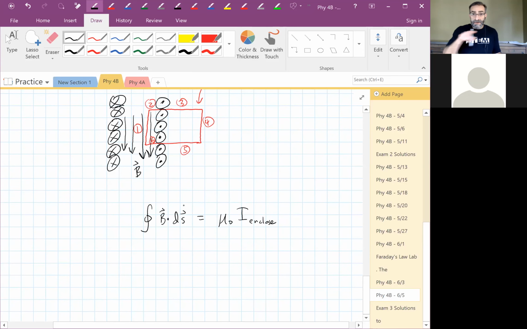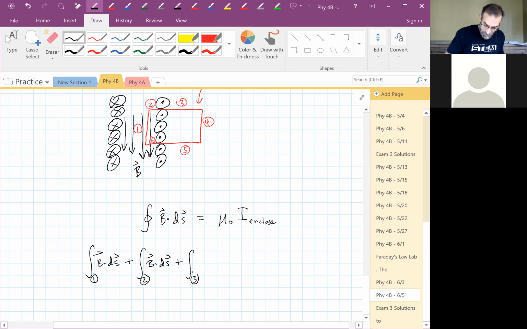I'm going to integrate around the whole path. So that means I'm integrating along side 1, side 2, side 3, side 4, side 5, and side 6. I have to break this integral up to get all of them, right? Integral over 1 of B dot ds plus the integral over side 2 plus the integral over side 3. You get the idea. Well, I'll write them all out here.